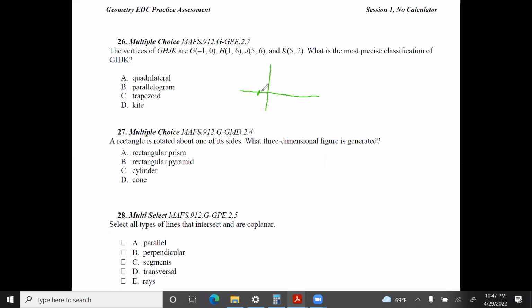Negative 1, 0. Then 1, 6. And 5, 6. And then the last one, 5, 2.